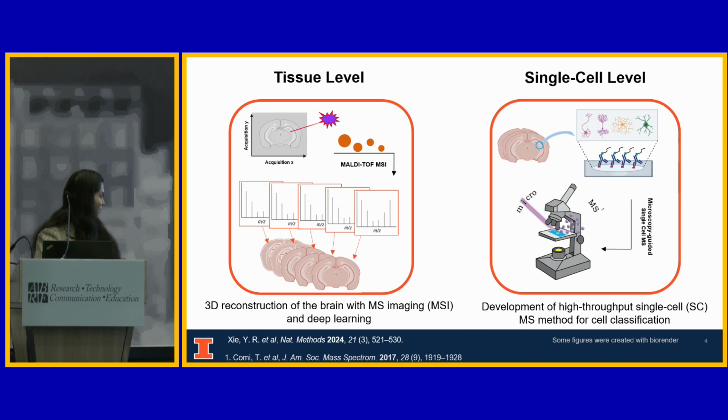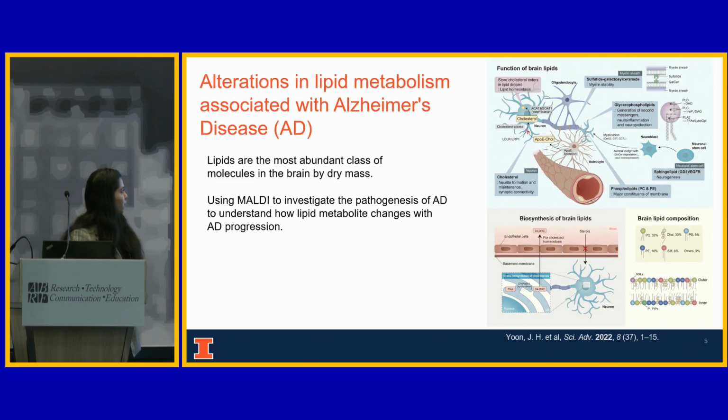I am not going to talk about this a lot, but it was just published in Nature Methods not too long ago. This is a method where you can do 3D reconstruction of the brain using mass spectrometry imaging and this deep learning technique, and you're welcome to check out the paper.